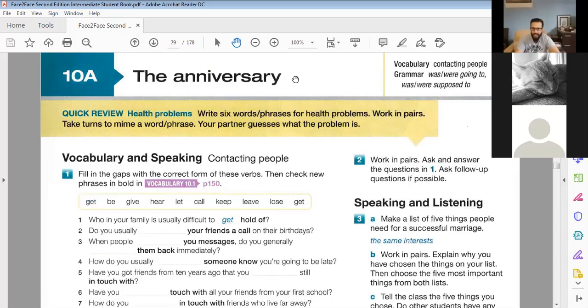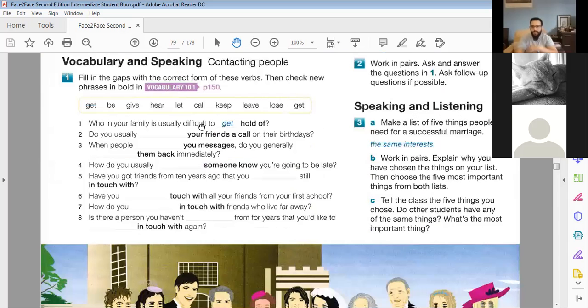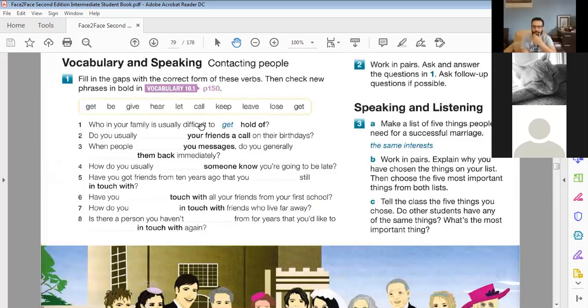Okay, so let's start. Contacting people. Here we have a bunch of verbs in the box, lots of verbs. I think we're using phrasal verbs here.